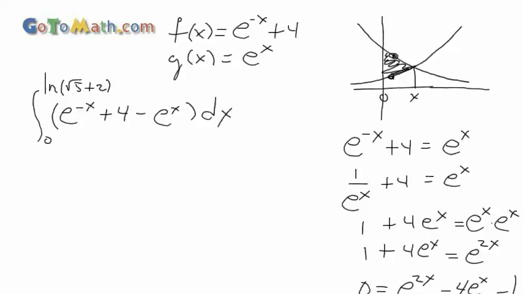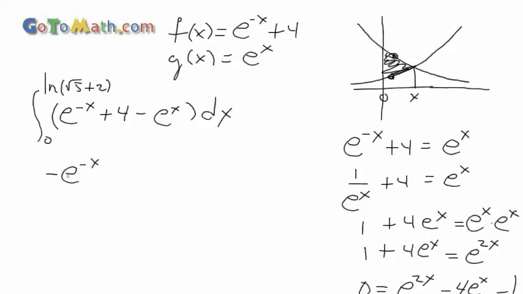Now I'm going to tell you this part right here. When we take the integral of e raised to the negative x, we normally do u substitution where we let u equal negative x, and then we go through all that, but I'm going to skip that. Hopefully you know how to take the integral of e to the negative x. I'll just tell you, it's negative e to the negative x.